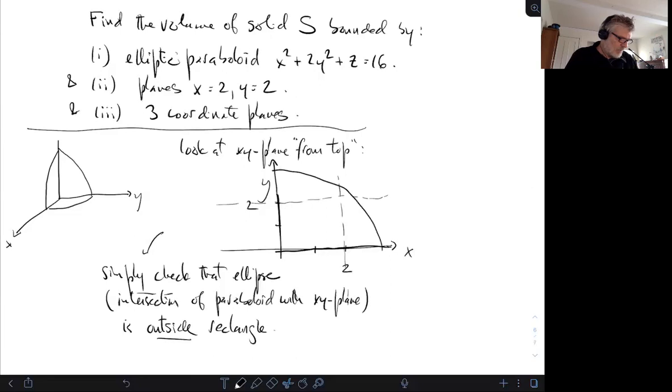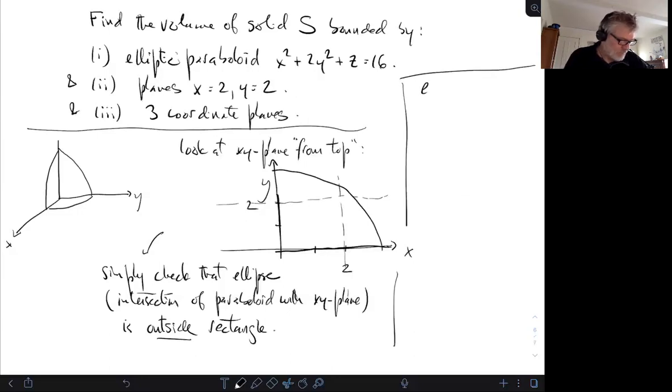And then we'll be good, right? So it means that this rectangle, 0 to 2 times 0 to 2, is the region over which we're going to integrate. Let's just do that, okay? It's just some simple algebra, but I have to check it. So how do I find the equation of this ellipse?